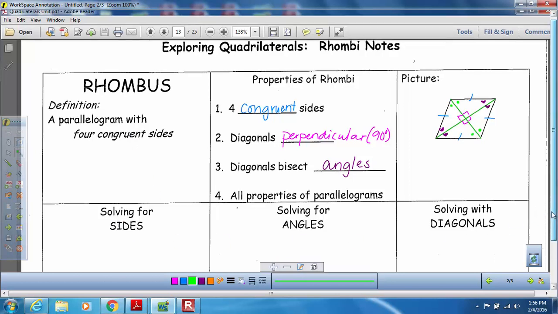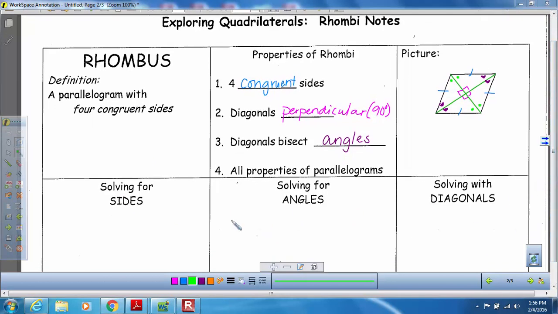Now, if I wanted to solve problems using the properties of a parallelogram, if I was going to be using the sides, we would use the fact that all sides are equal. So that means you set sides equal.